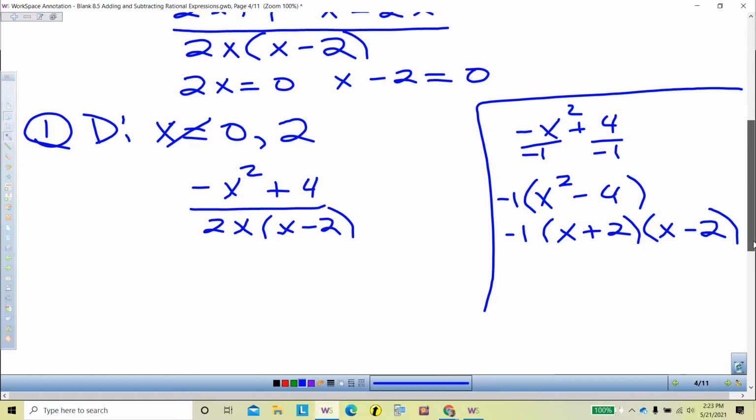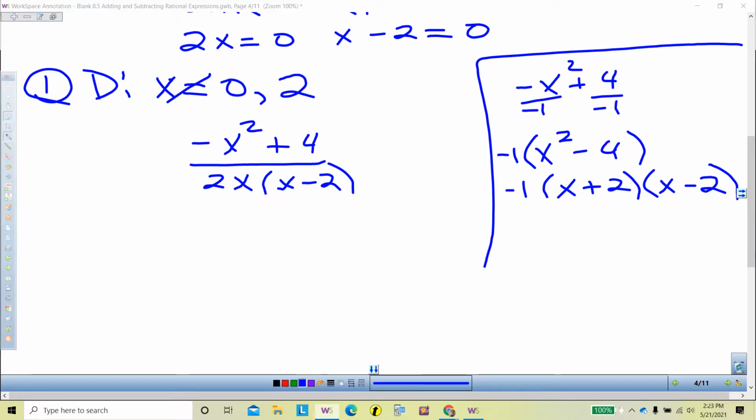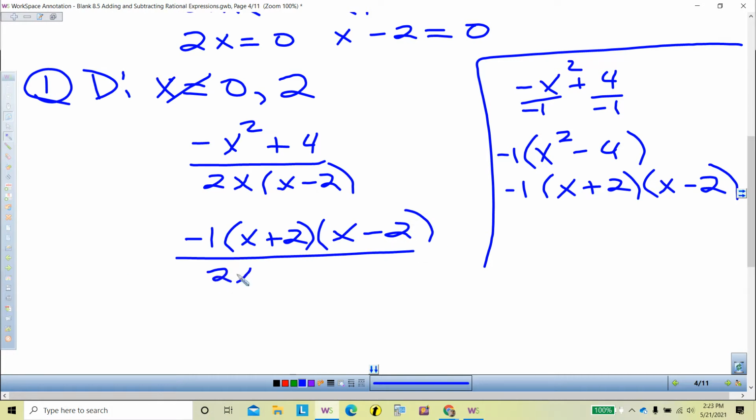So, domain, we already did. Let's show this: negative 1, x plus 2, x minus 2. As I've said all year long, this technique, where you take part of the problem and write it off to the side, figure out everything you can, and plug it back in, is a strategy you'll use for every single math class you take from here until you're done with math.